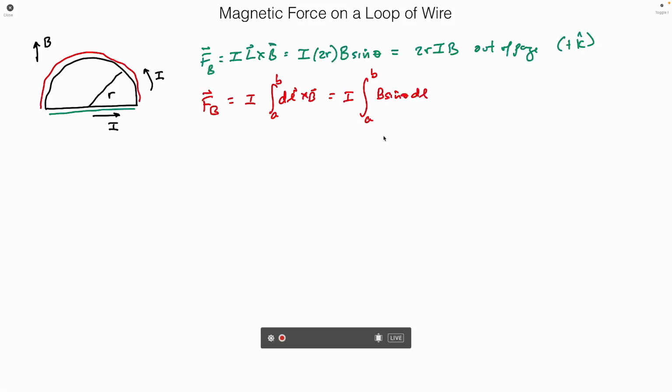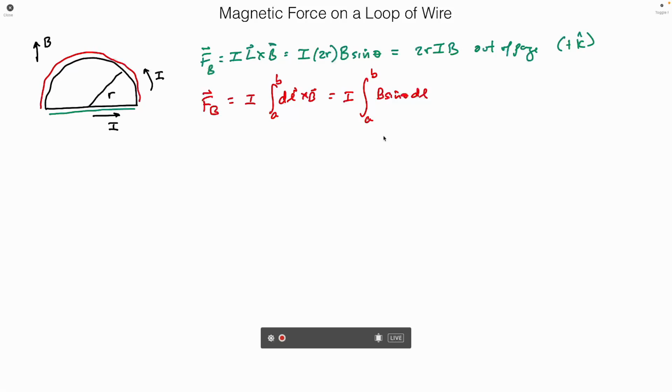Because what's dl cross B equal to, magnitude-wise? When you take a cross product between vectors, how do you find the magnitude? AB sine theta, right? So this would be dl times B times sine of theta. I just pulled the dl out. I rearranged the order of the terms there because integrals always have to end with the d something, don't they?